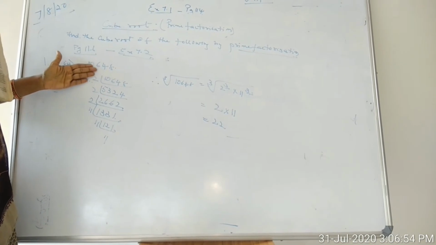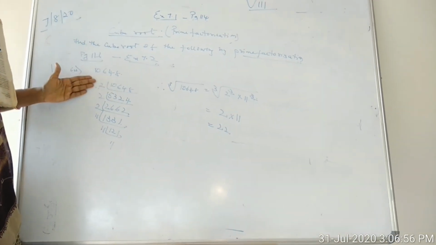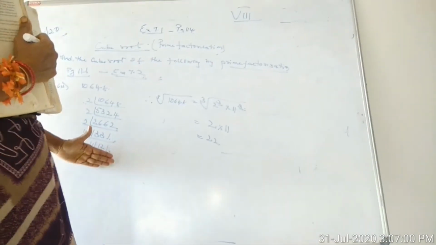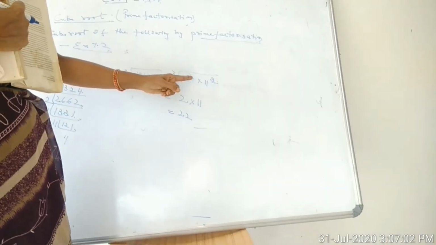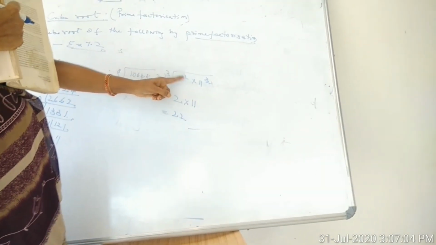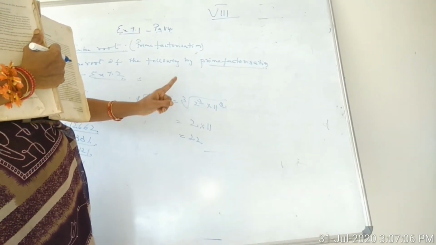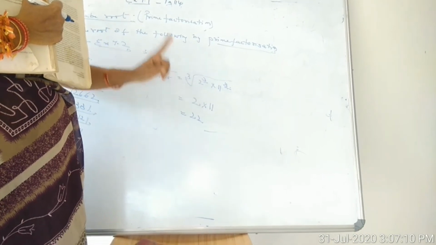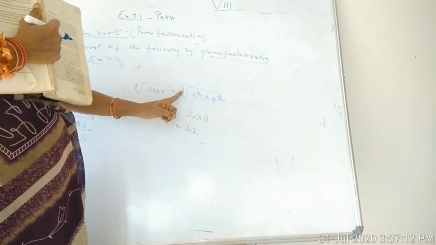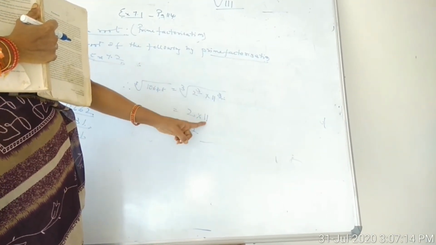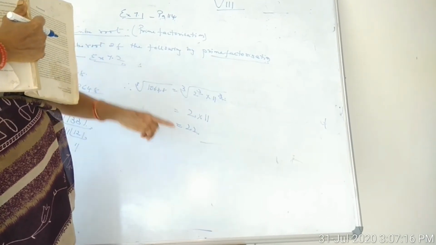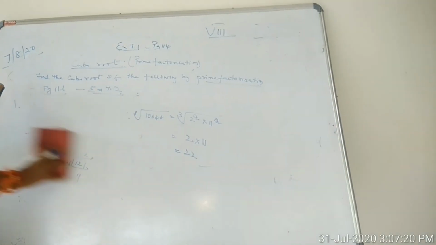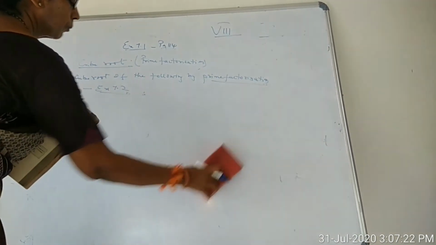Resolve the given number only by prime factorization. After resolving, children, the powers under the root must be divided only by 3. 2 into 11, 22. I hope you are following, girls.